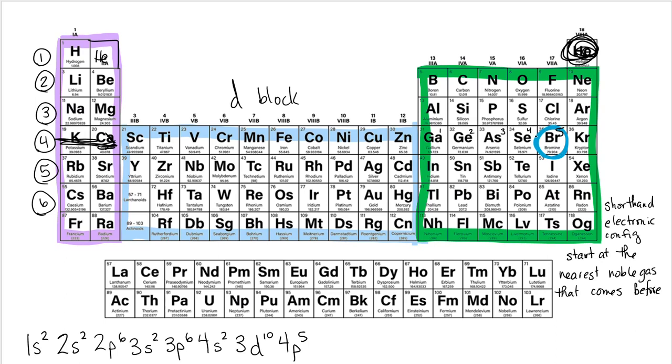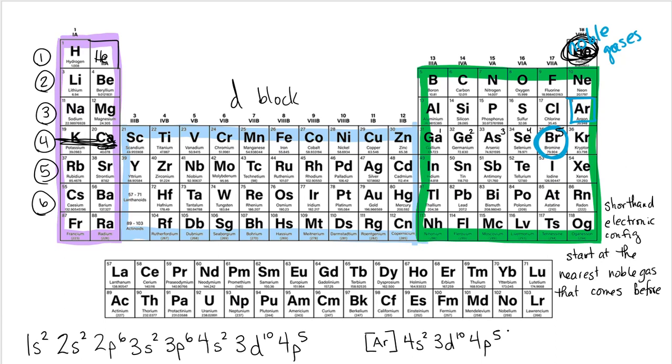So here we're trying to get to bromine. The noble gases are the group 8s, so these guys here are the noble gases. The nearest noble gas that comes before is argon. So we're going to cut this down and put argon in square brackets, and then we just continue on like normal. Starting from argon, 4s2 gets us to calcium, 3d10 gets us over to zinc, and then 4p5 gets me to bromine.